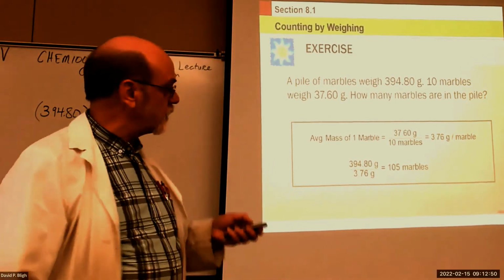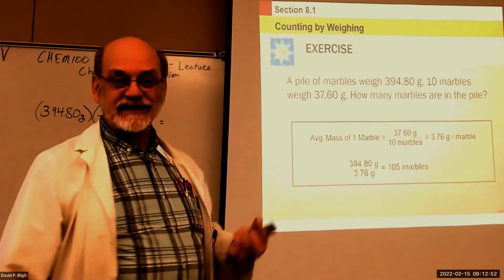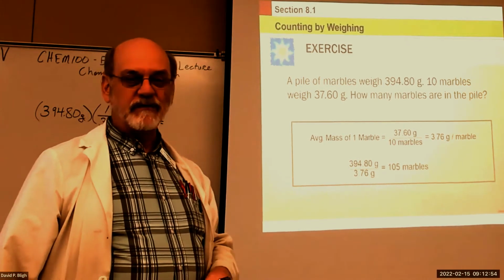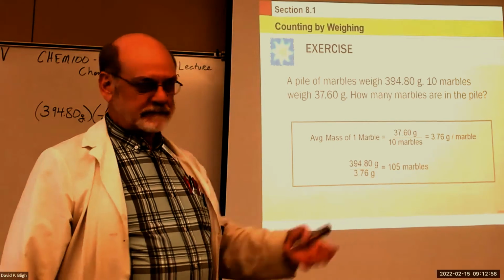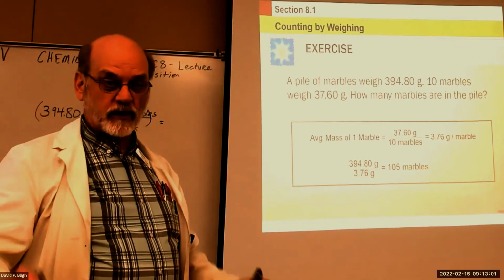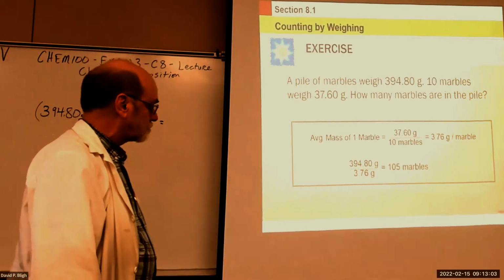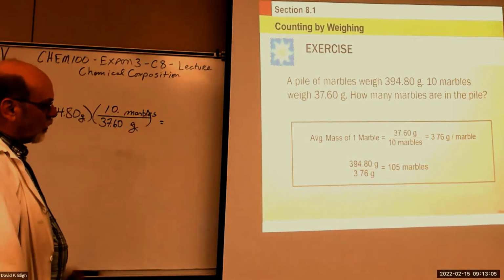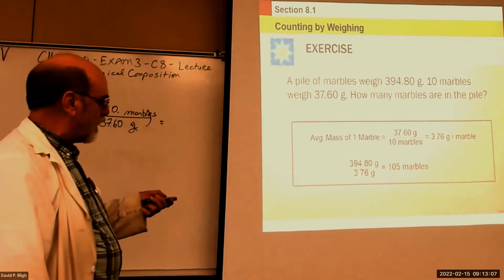So you don't have to go through the step of taking 10 atoms and weighing them, or 1,000,000 atoms and weighing them. It's already been done for you. It's on the periodic table. And I'll show you how that works shortly. So we calculate that there are 105 marbles.